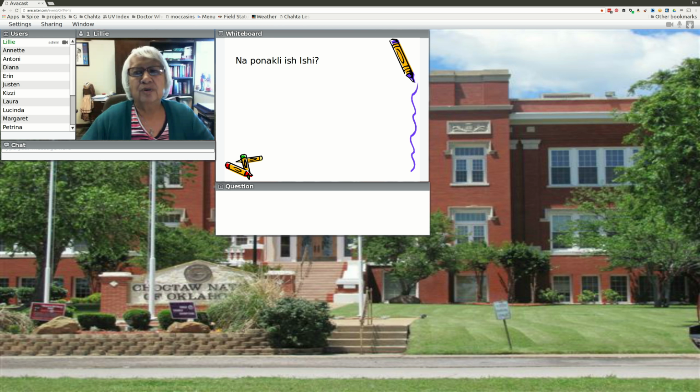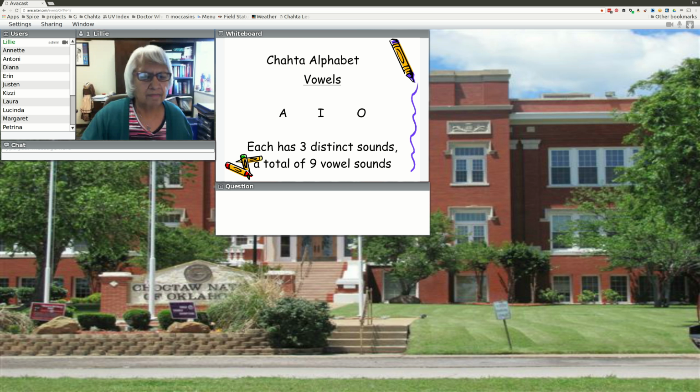And before I explain this, I'm going to give this next slide to you. Then I'll explain why the capital letters. In Choctaw, we have 3 vowels, A, I, and O. Each has 3 distinct sounds for a total of 9 vowel sounds.